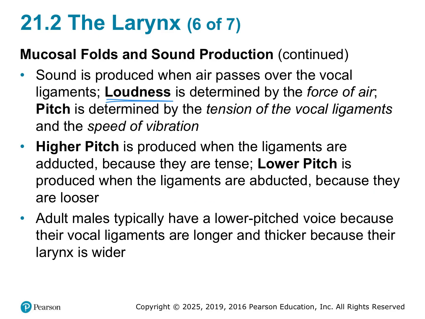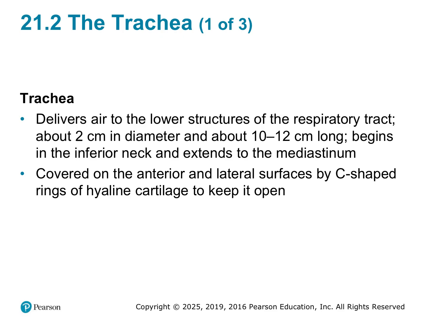For your loudness, that is determined by the force of air. So quieter, there's less force of air going through. Louder sounds, there's more force of air going through. And then the pitch, that's going to be due to the tension of those vocal ligaments as well as speed of vibration.